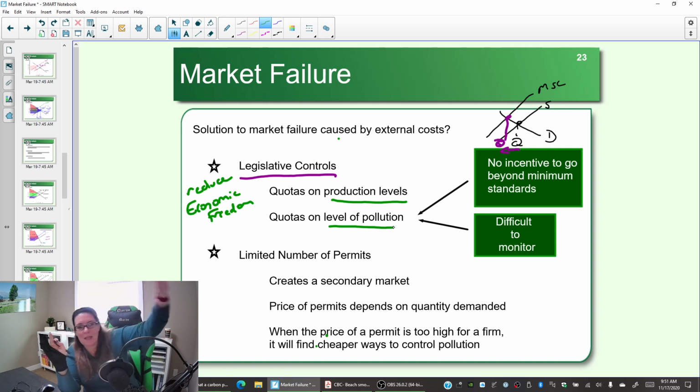So if we see air pollution off in the distance, it's difficult to tell whose pollution that is. So determining how much pollution and whose pollution can be problematic. So the second challenge with these legislative controls is it can be difficult to monitor. It's hard to know who's doing what.